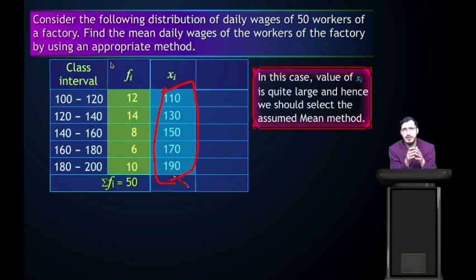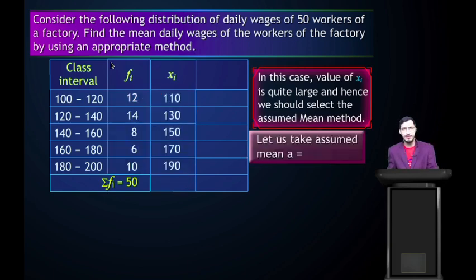So in the assumed mean method, let us take assumed mean A from the column of xi, the mid value of the xi column, that is 150. So let us take assumed mean A as 150 here.